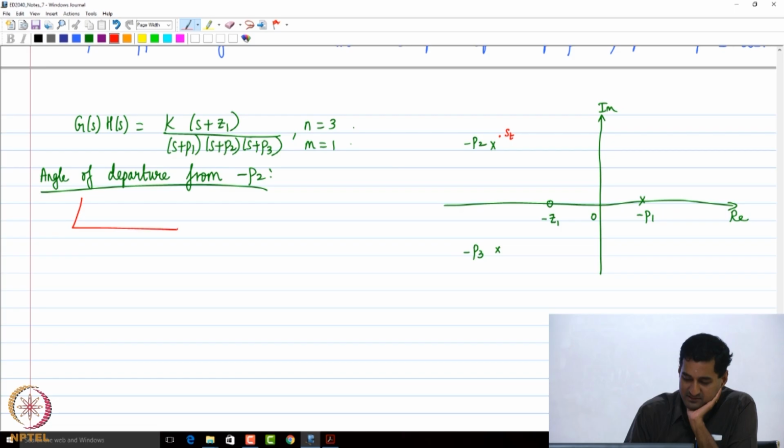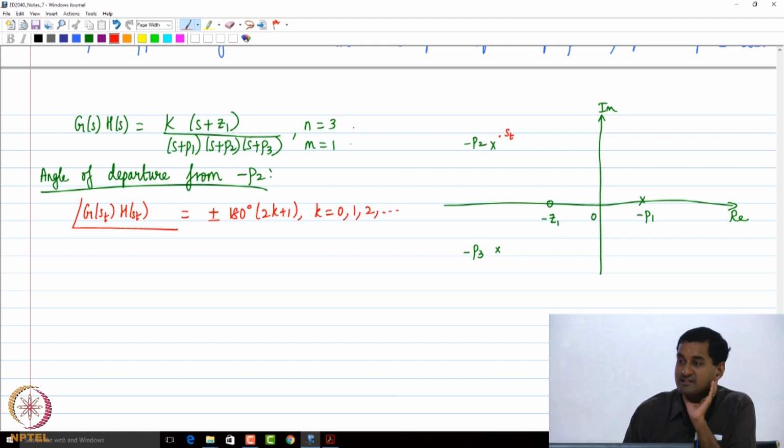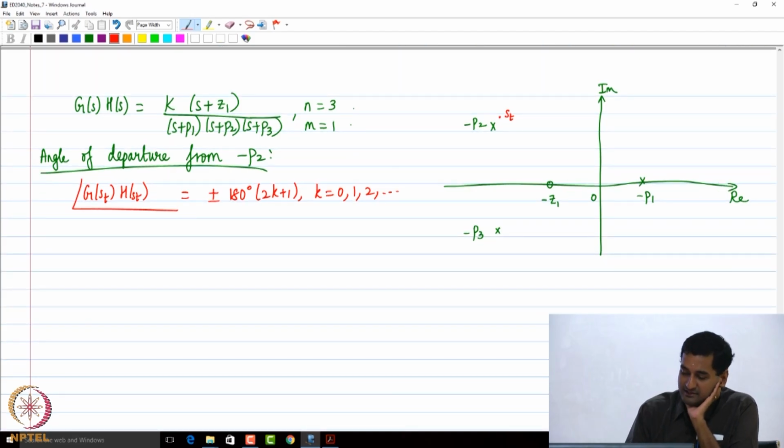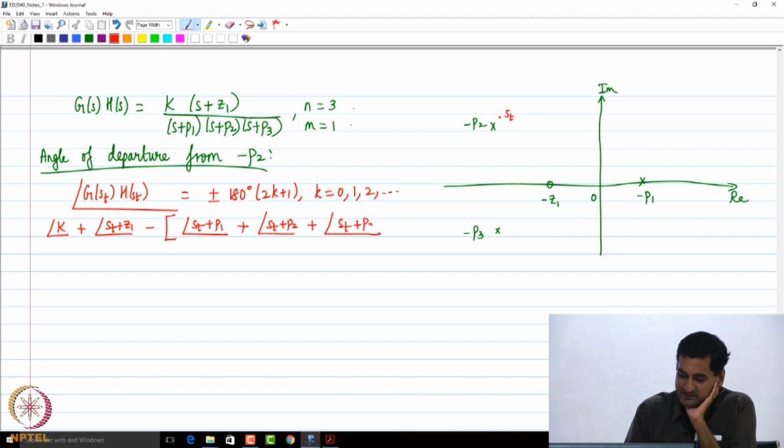Now, what is the angle condition? The angle of G(ST)H(ST) should be equal to plus or minus 180 degrees times (2k plus 1), with k being 0, 1, 2, etc. That means the angle of K plus angle of (ST plus Z1) minus angle of (ST plus P1) minus angle of (ST plus P2) minus angle of (ST plus P3) should be plus or minus 180 degrees times (2k plus 1), right?